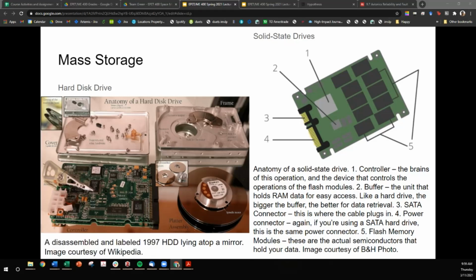Here on the left, you'll see an anatomy of a hard disk drive where there's this rotating magnetic disk, and that disk contains a ton of information, on the order of, say, 1 terabyte, depending on your laptop or your desktop. And then we've got solid state drives, which come in the form of like SD cards.